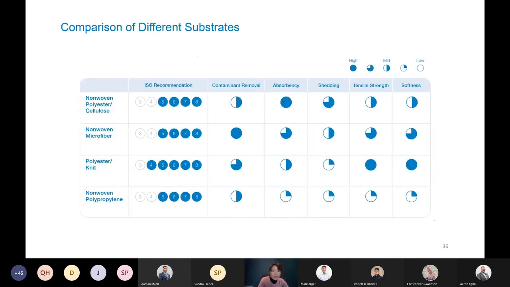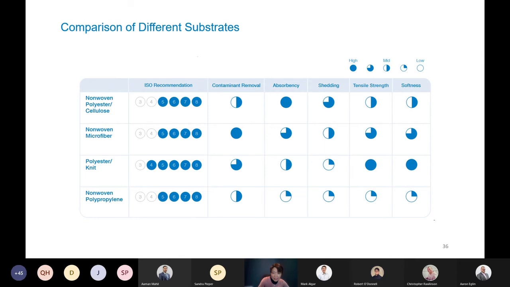We have developed a comparison for different substrates. This is here for you as a reference. We look at different attributes such as ISO recommendation, contaminant removal, absorbency, shedding, which is the cleanliness of the fiber, tensile strength, and softness, and then rated each substrate along these attributes.